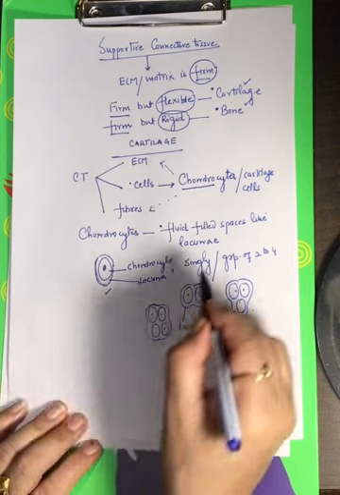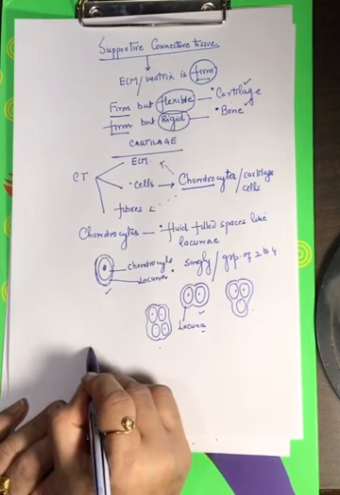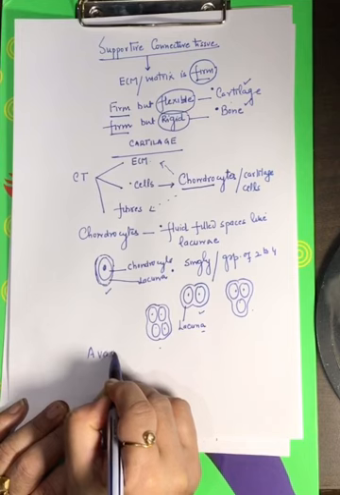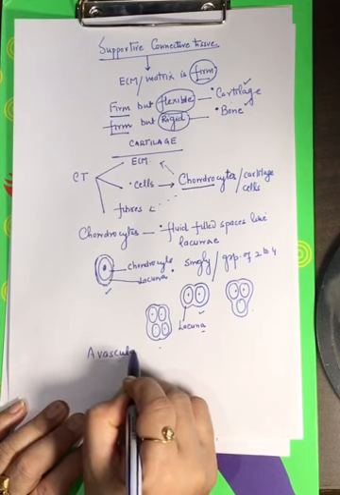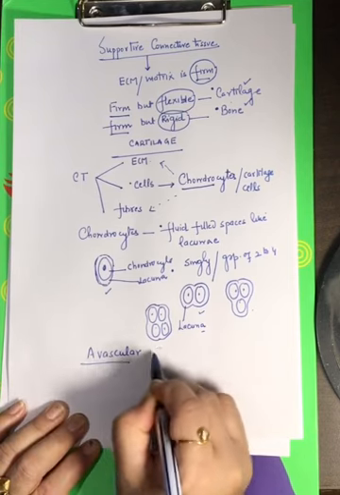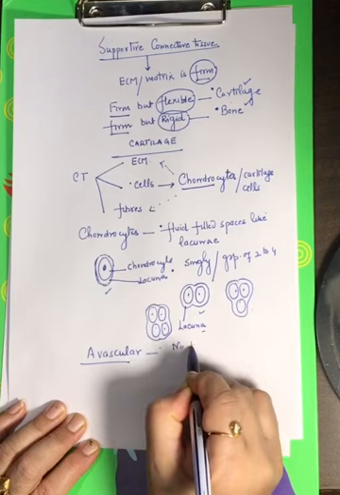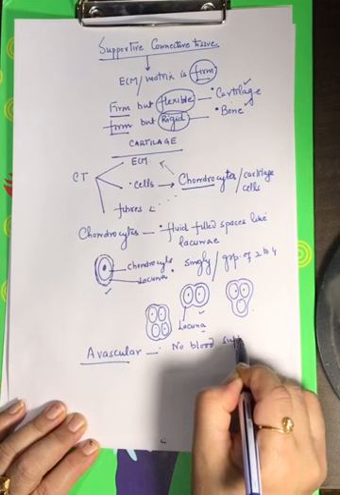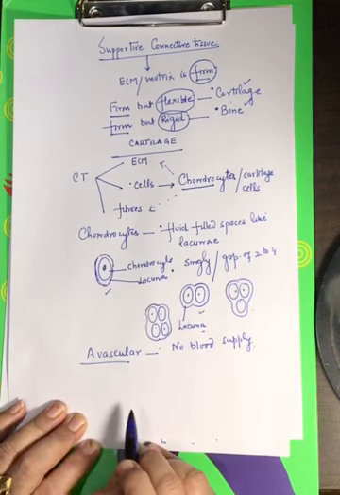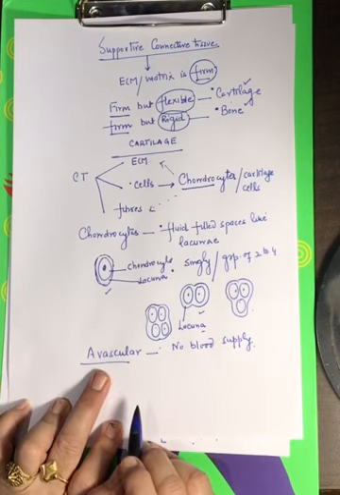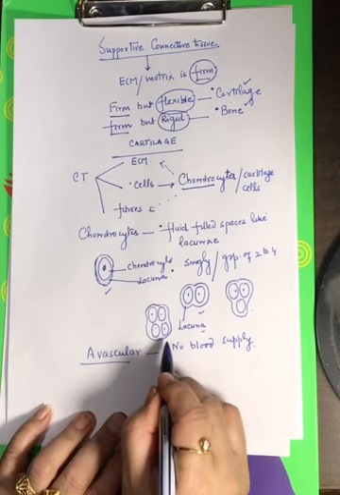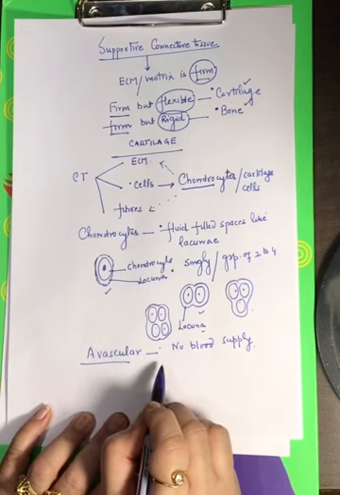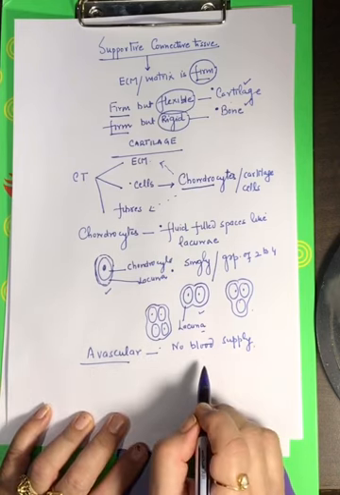So the cartilage is avascular. Avascular means it has no blood supply, like the epithelial tissue. So from where will these cartilage cells get their nourishment if the cartilage has no blood supply?